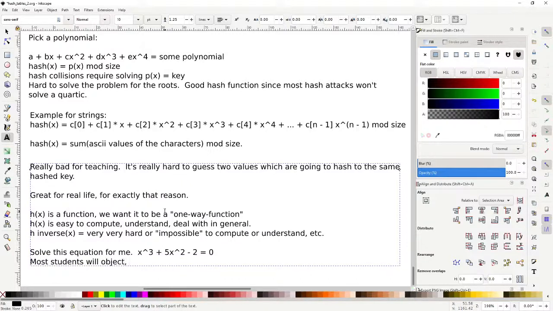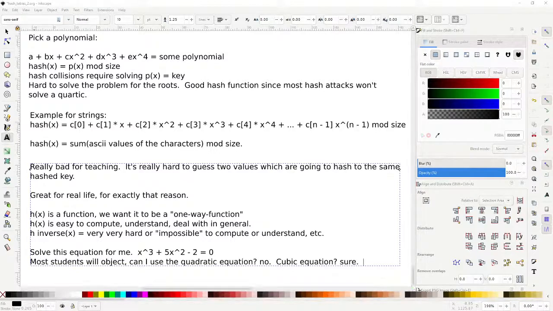And the reason why you're going to object is you're going to say something like, hey, wait, I don't really know how to solve cubics. Or you'll forget that you don't know how to solve cubics, and you'll say, can I use the quadratic equation? And I say, no. And then you say, okay, can I use the cubic equation? And I say, sure. But the cubic equation is much, much more difficult to understand than the cubic itself.